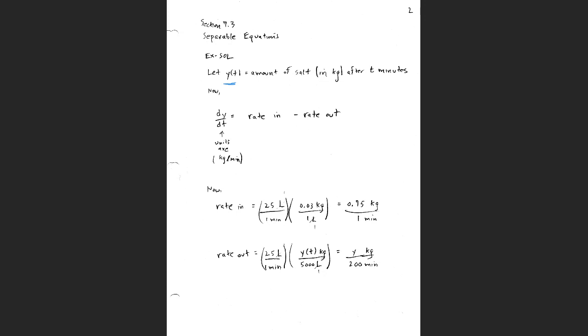The solution in the tank is always the same amount, but its nature changes based on this process. So the salt content is going to be a function of time. Remember, I'm looking to find what y of t is.